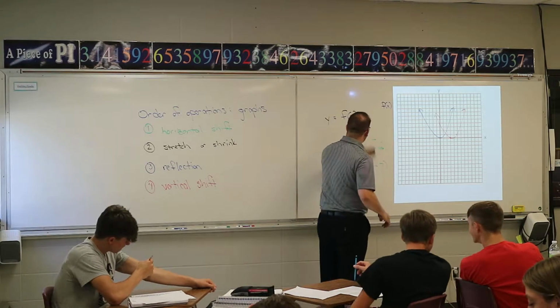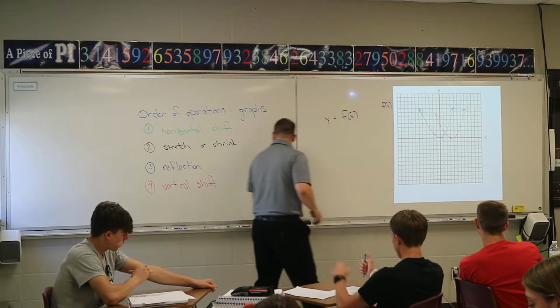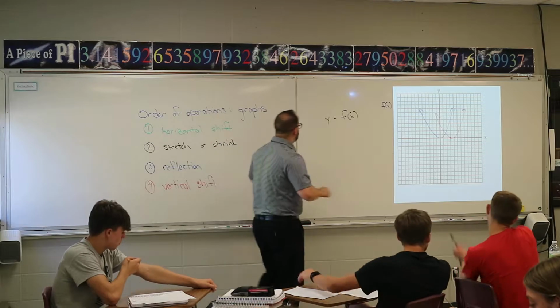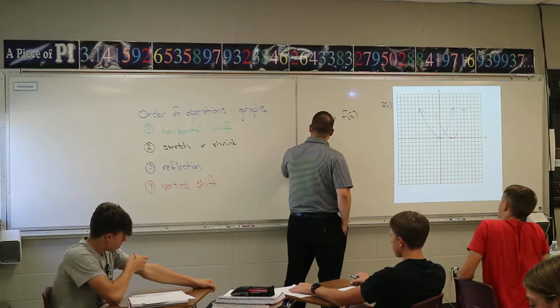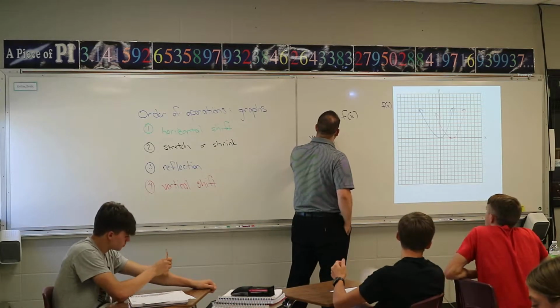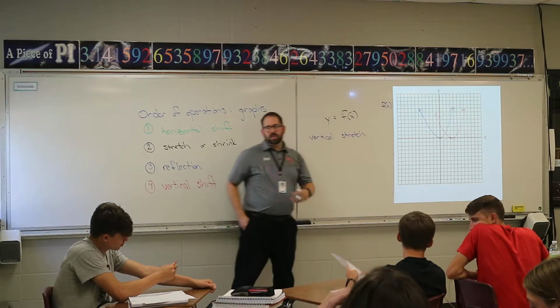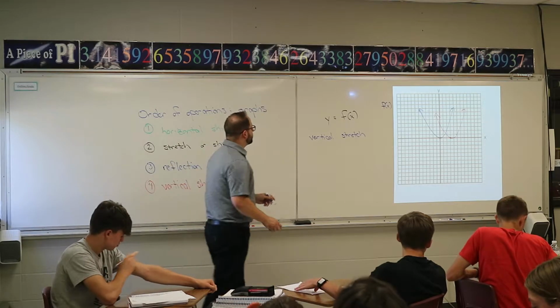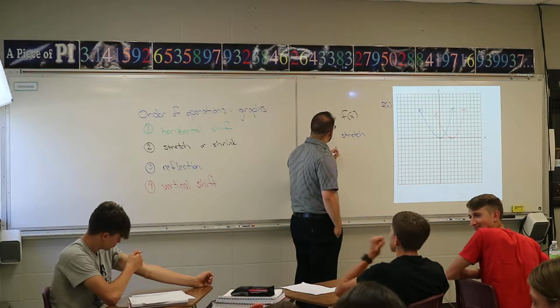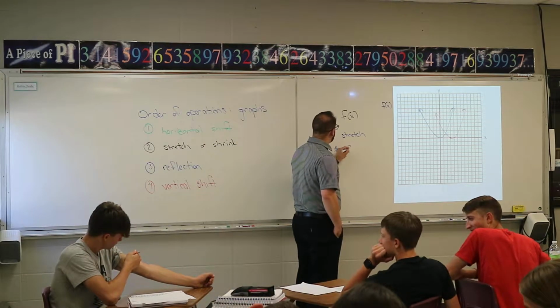To stretch. All right, so let's go vertical stretch. A vertical stretch, like tall-wise. What they're going to do is take a number and multiply it outside of your function.